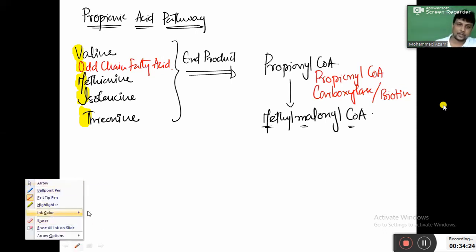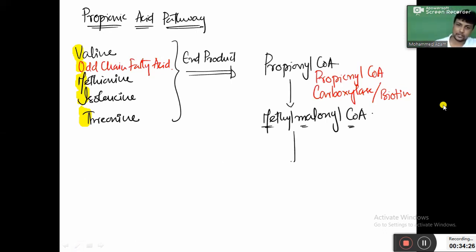And finally, the last reaction here is methyl malonyl CoA getting converted to succinyl CoA in the presence of an enzyme known as mutase.